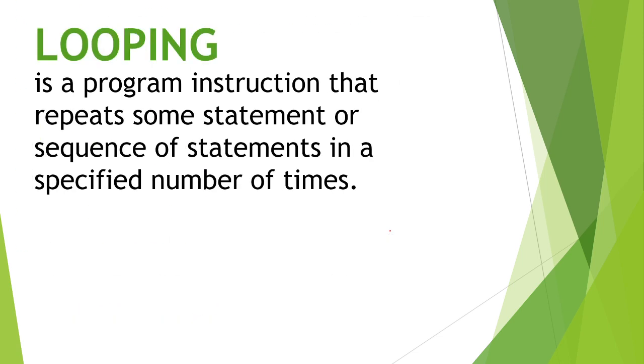So, first of all, what is looping? Looping is a program instruction that repeats some statement or sequence of statements a specified number of times. Say for example, I will be asking you to display numbers 1 to 10.